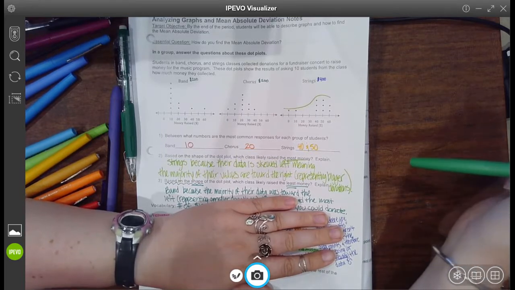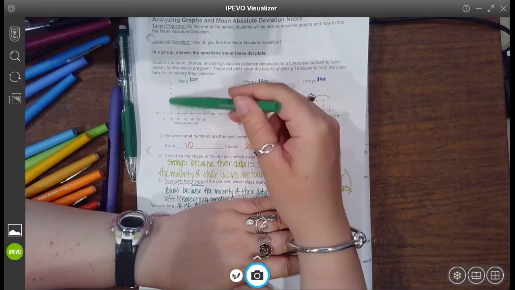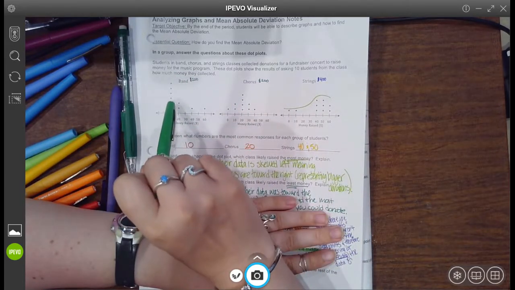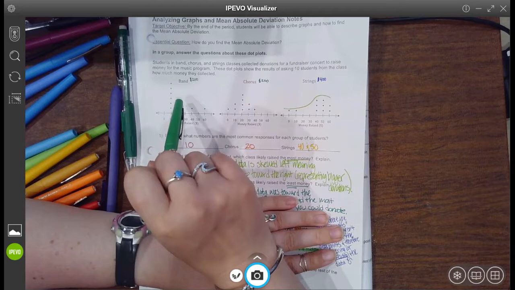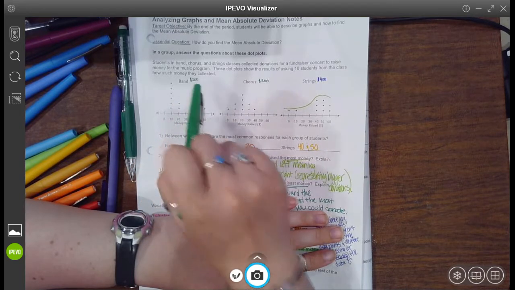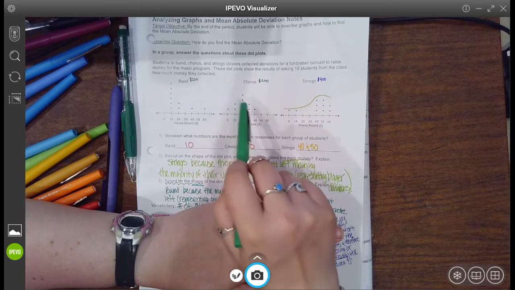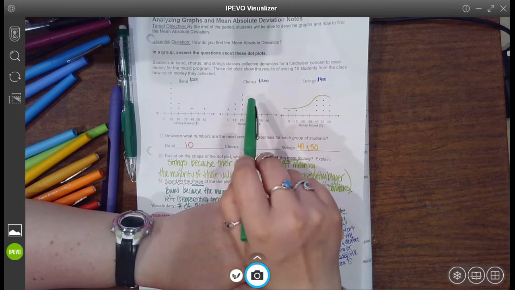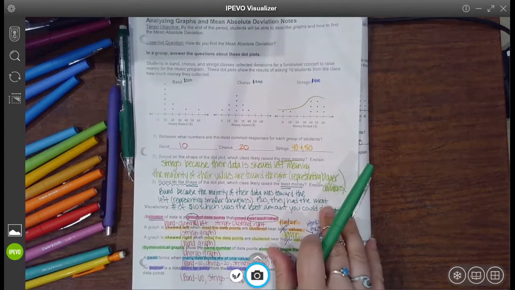That's even without me actually counting it up, because I could count each donation and see how much specifically each group donated. So here's 10, 20, 30, 40, 50, 60, 80, 100, 140, $200 for band. Okay, 0, 10, 20, 40, 60, 80, 100, 130, 160, 200 for chorus, right?